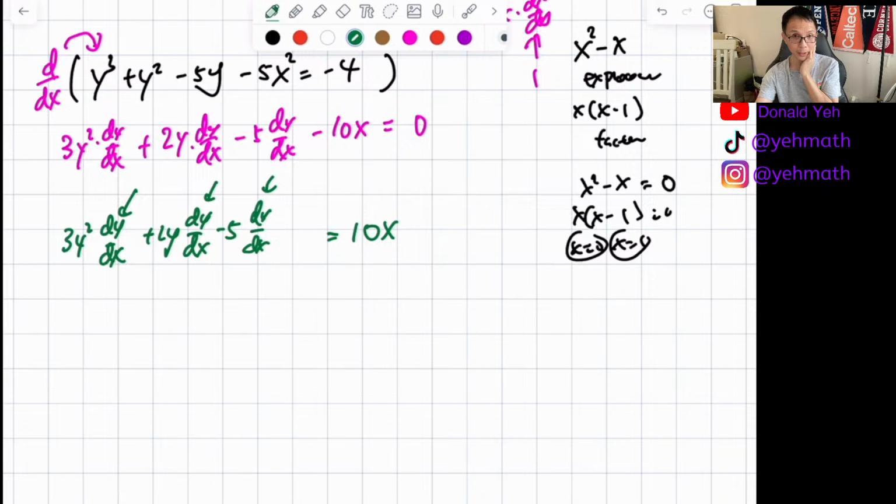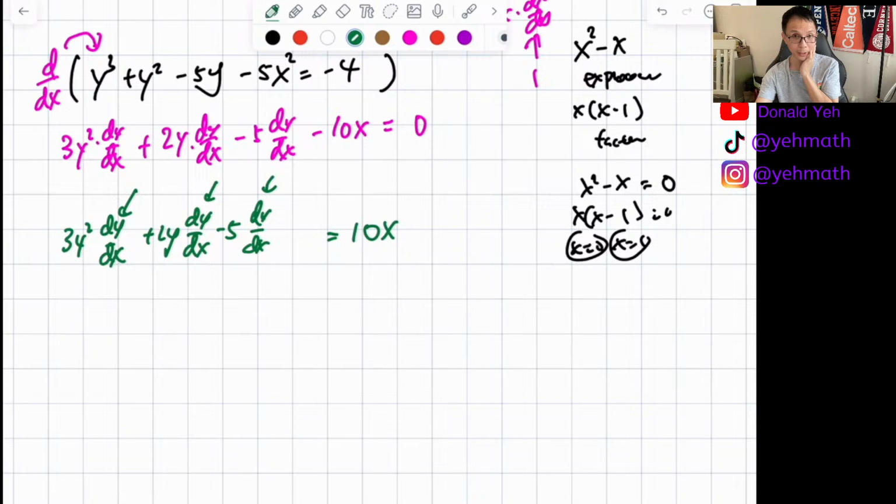You just set the numerator of dy/dx equal to 0. That will be a horizontal tangent.